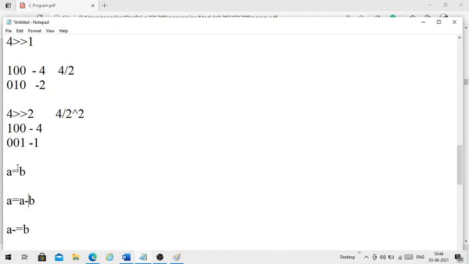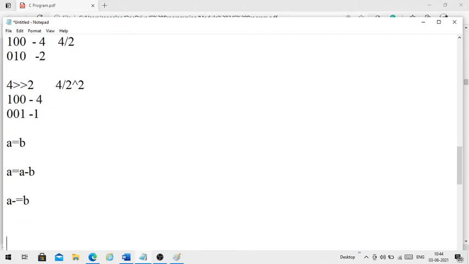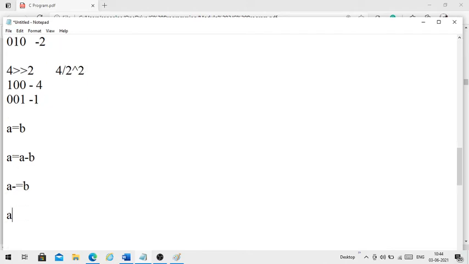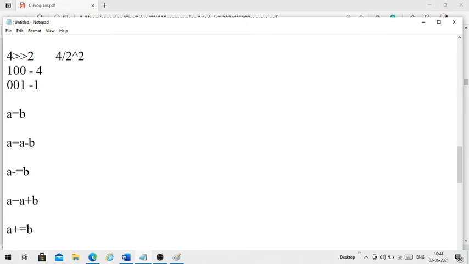Instead of A equal to A minus B, I can write like this, A minus equal to B. Similarly, A equal to A plus B, I can write as A plus equal to B. The same thing will happen.